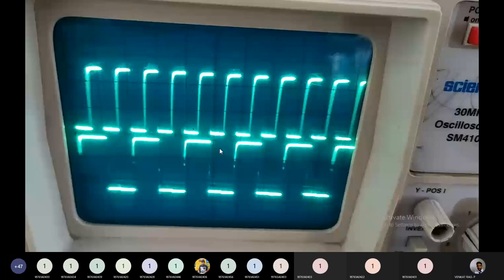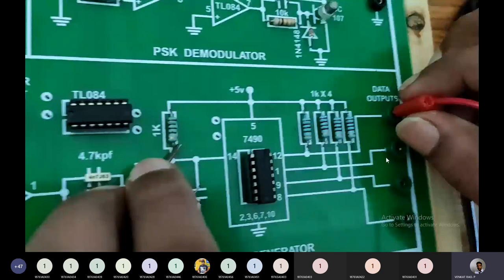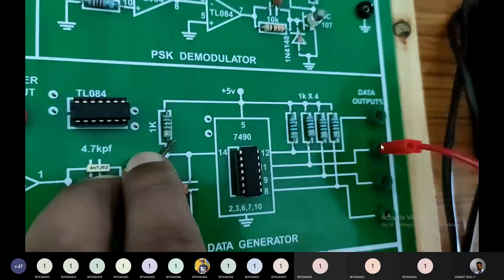The next thing. So we can make this by giving one at here, another one at clock signal. Okay. Now here I am connecting one of the CRO probes to the second data input.